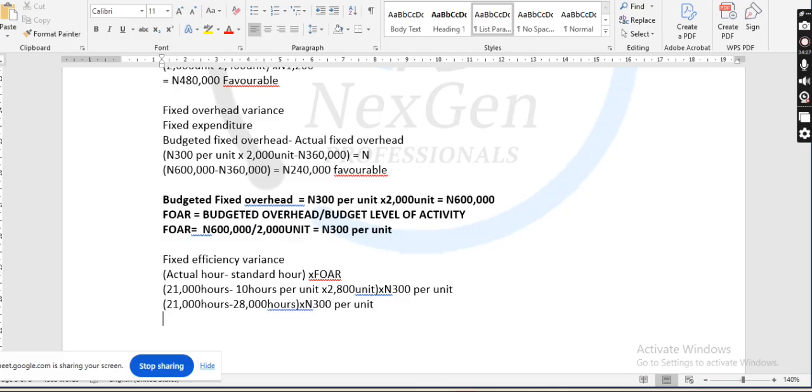So is it favorable or adverse, class? The budgeted is 28 and the actual hours is 21. Favorable. Okay, we all know it is favorable. So what is the favorable figure?